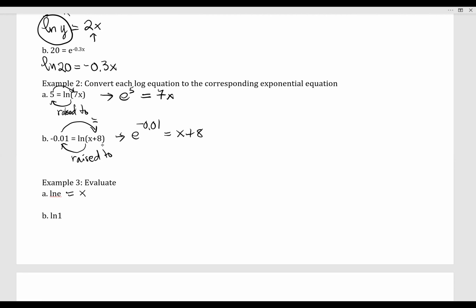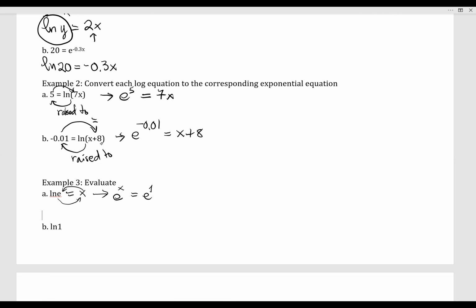Okay, so I will change the ln e equal to x into exponential form. It's going to be base e raised to x equal to e, and here this e is to the power 1.